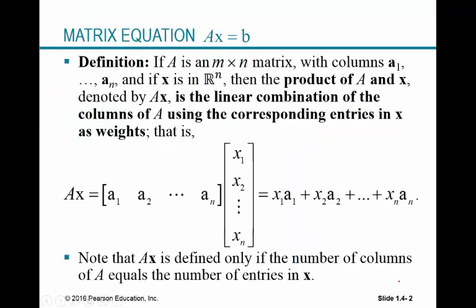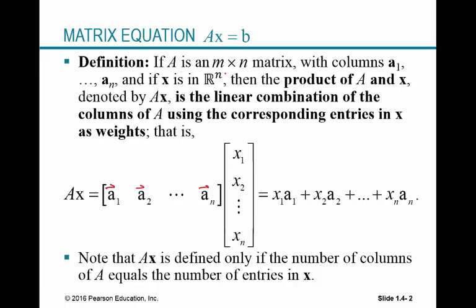So here we have a definition and the product of an m by n matrix, and here the a's are column vectors. So I know A over here looks like a row vector, but you have to look at each lowercase a as a column vector. So really, this is a square matrix instead of just a row matrix.